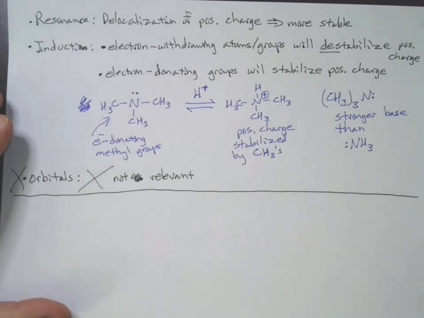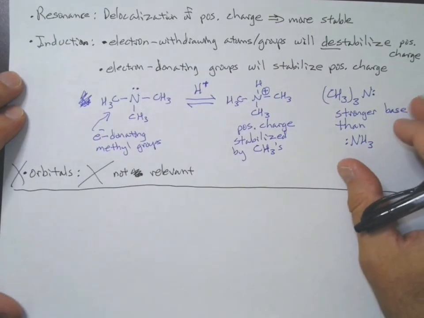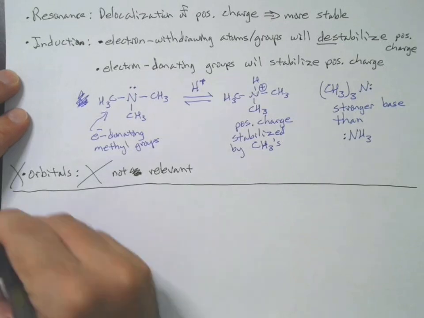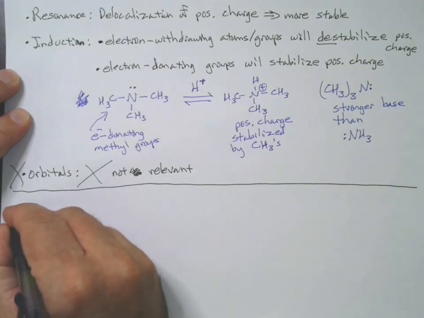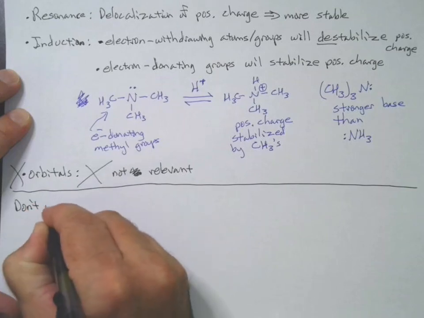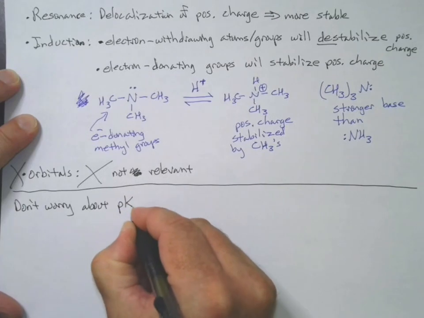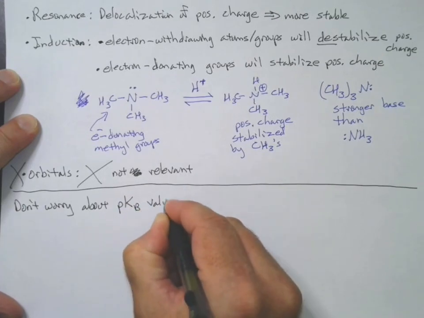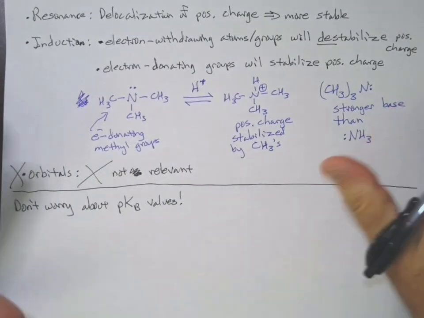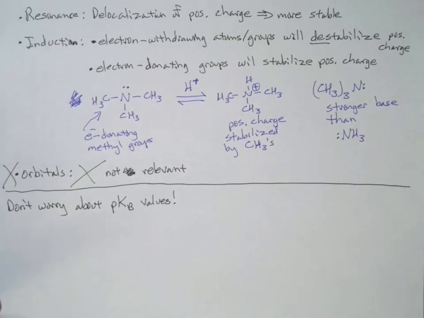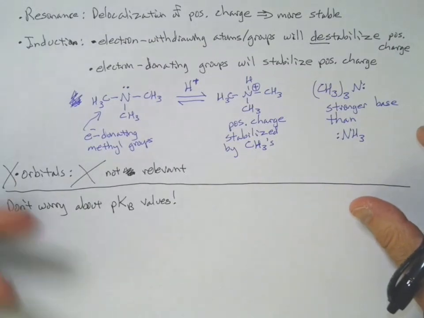The other thing that I want to reiterate is, don't worry about pKb values. If you're thinking about acid strength, you may think about pKa values. The lower the pKa, the stronger the acid. So you'd have the same trend with pKb. The lower the pKb, the stronger the base.